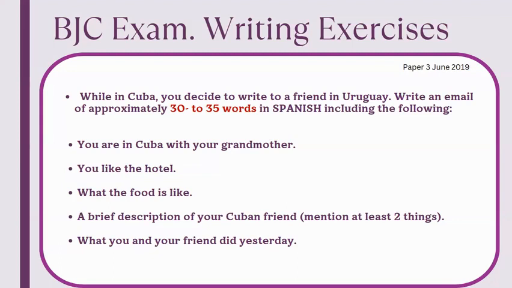And so you could use we went, right? But you could also just say what you did yesterday. So when you have activities and pastimes that you should have done in Spanish, whether it was going swimming, going shopping, going to eat at a restaurant, playing football, watching TV or playing video games, whatever it is, those are pastimes and things that you and your friend could have done yesterday.